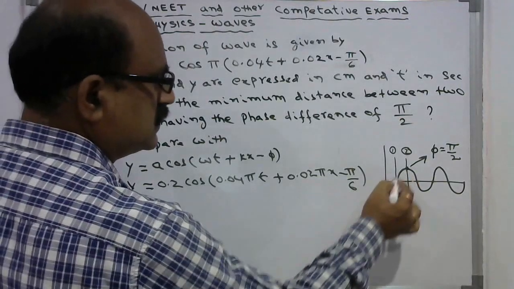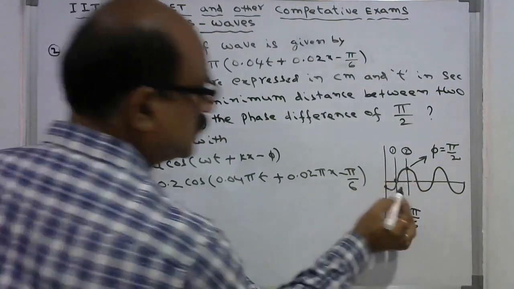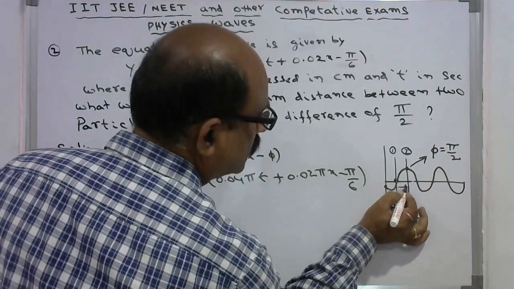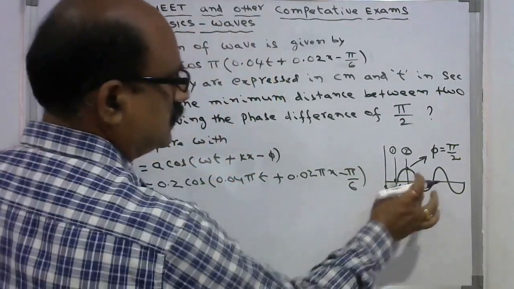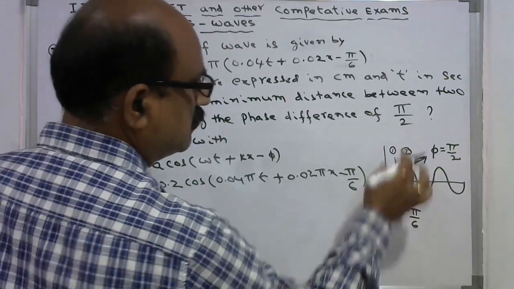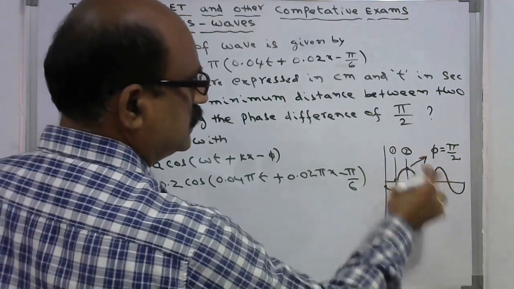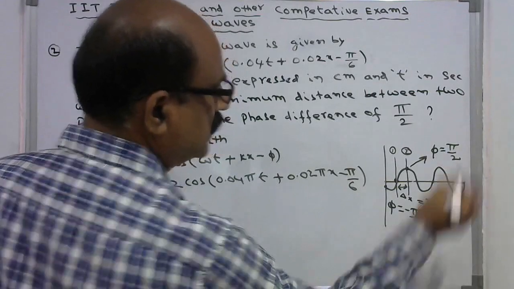So for this phase difference, what is the path difference? You have to find the delta x in this case, the distance between particle 1 and 2. What is the value of this delta x?